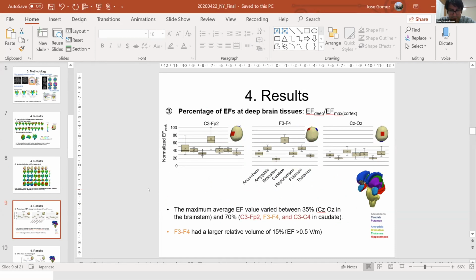Also, we tried the mean values for the deep brain regions as well. And we also tried the volumes of the deep brain regions: for a certain threshold, what will be the volume activated within a certain deep brain region? By using these different kinds of metrics, we were able to reach consistent conclusions, as I was discussing here.